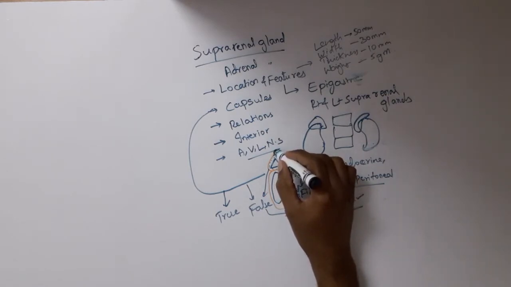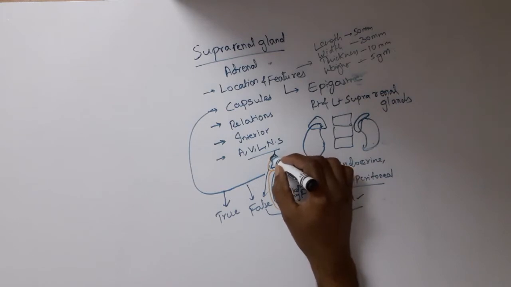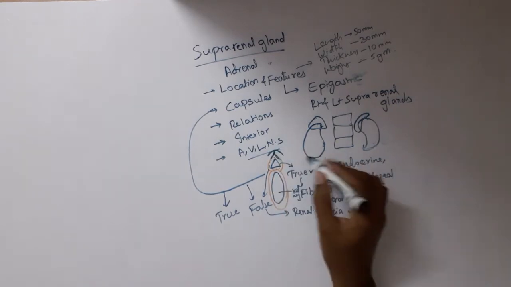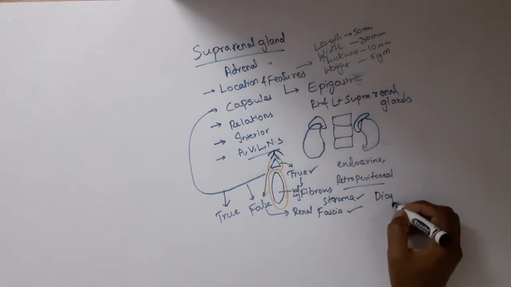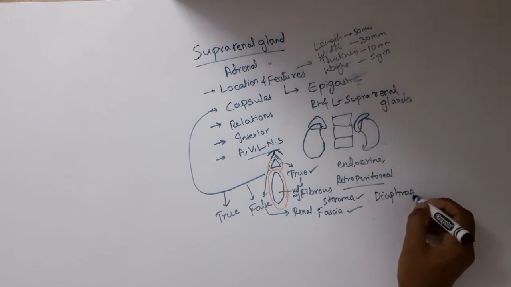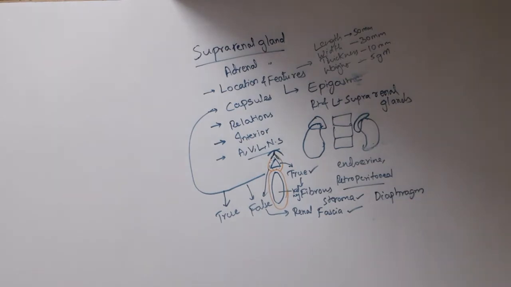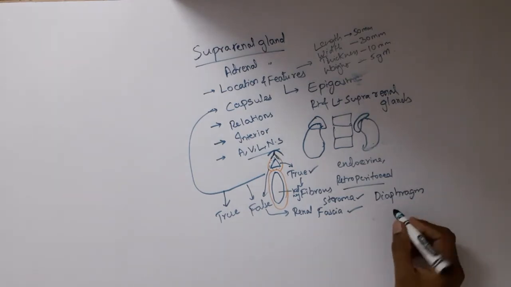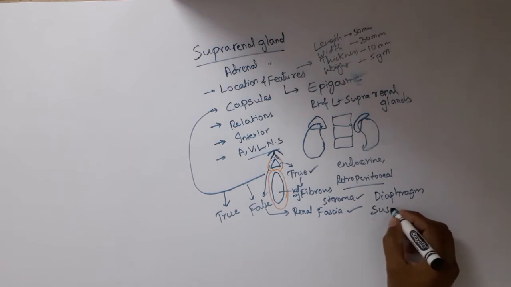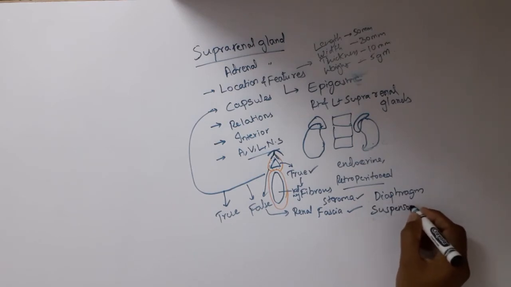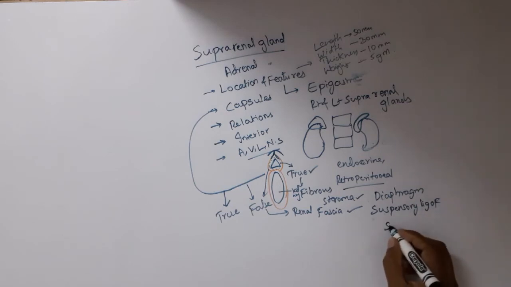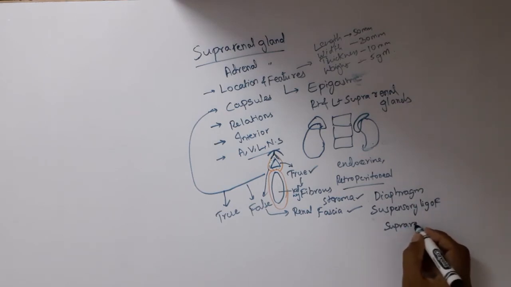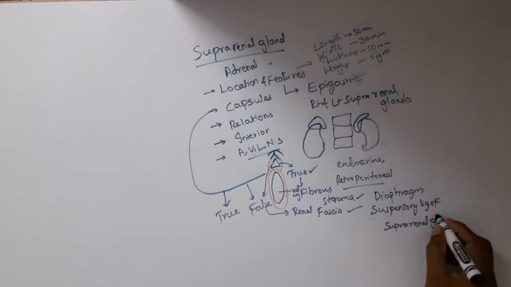So what happens to this renal fascia? The anterior and the posterior layers of the false capsule go upwards and attach to the diaphragm. This false capsule, which is going upwards and attaching to the diaphragm, we call the suspensory ligament of the suprarenal gland.